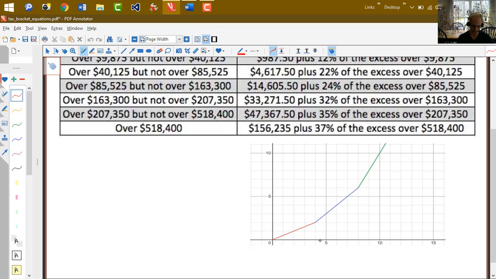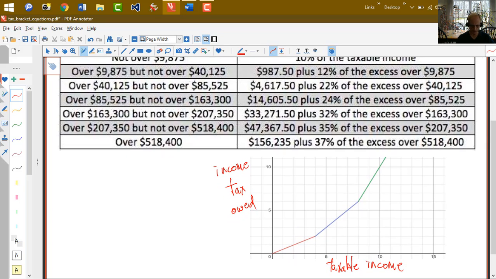trying to graph that, we're going to make x the taxable income, and y, or f of x, the income tax owed.